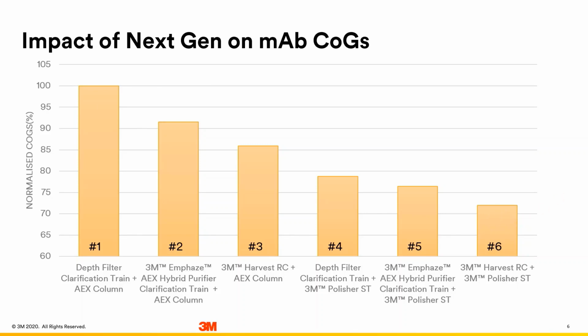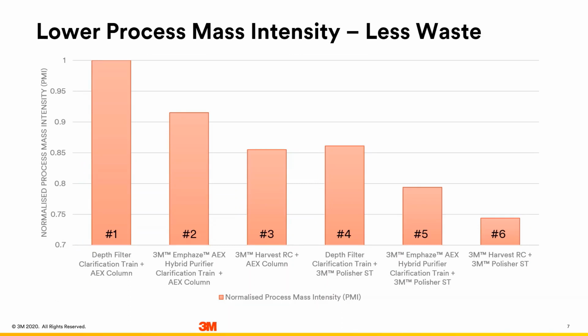Lower process mass intensity, less waste. So let's take a look at process mass intensity. Process mass intensity is a measure of the amount of consumables, materials, and water required to make a product, and this is one of the outputs that Biosolve gives.